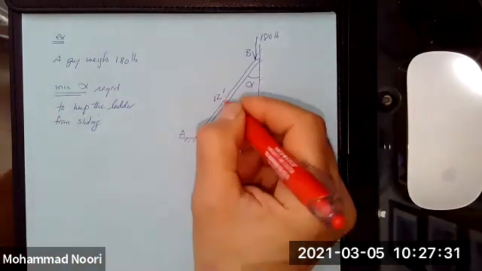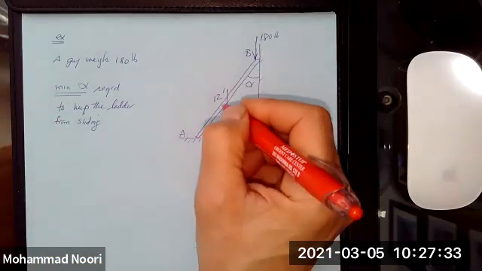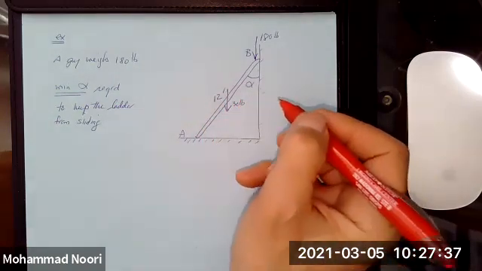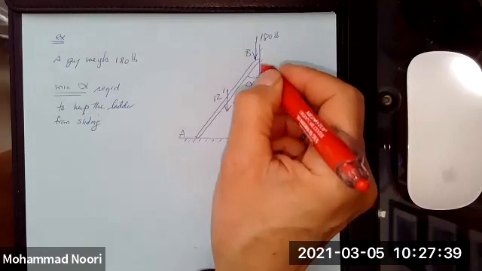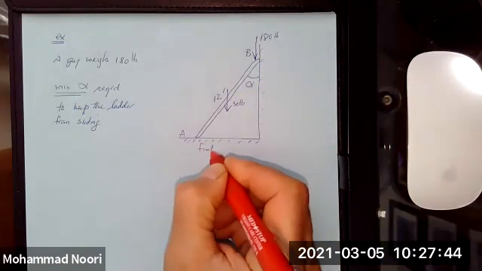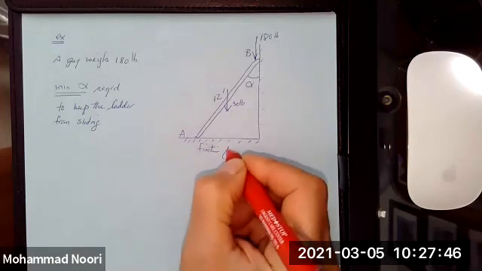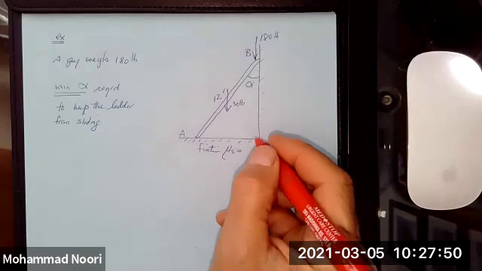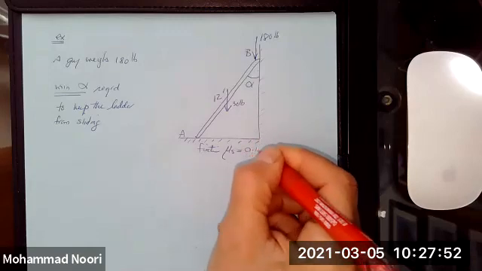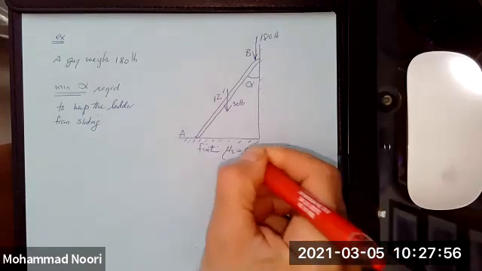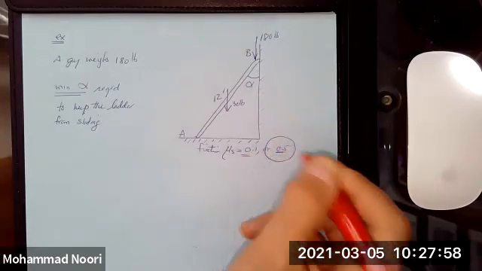The ladder has a weight of 30 pounds. This surface B is frictionless, but you have friction here, and the coefficient of static friction is given as 0.1 or 0.5. For both cases, you want to do that. I will only do this one.